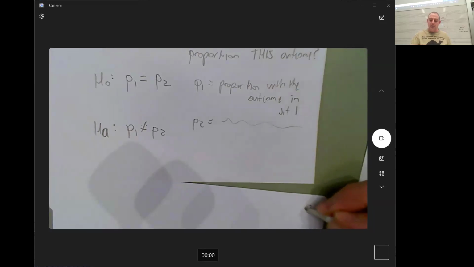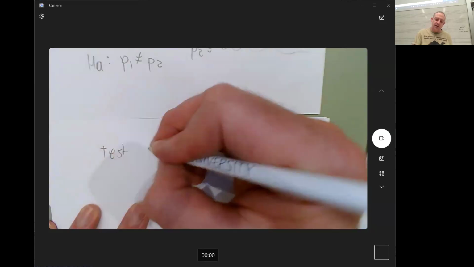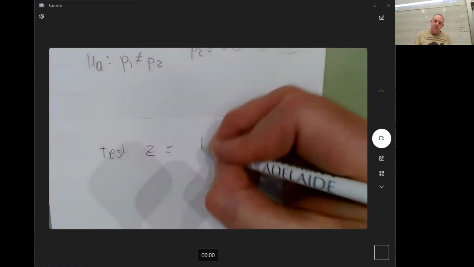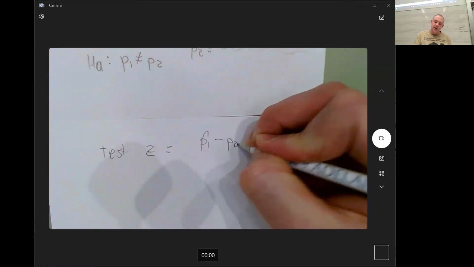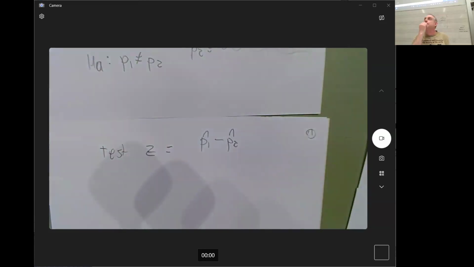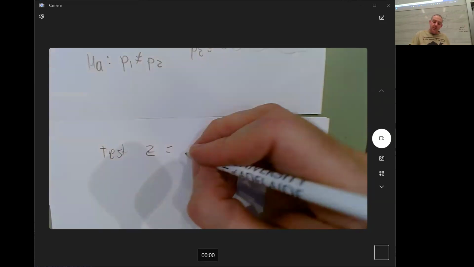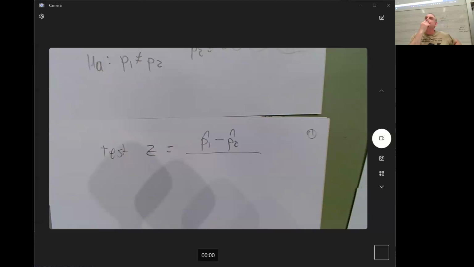And then the formula for the test statistic is definitely a Z, because we called it a Z test. Of course it's a Z. And it's going to have P1 hat minus P2 hat. That's definitely true. And there'll be something on the bottom with a square root in it. Might have to look this one up.